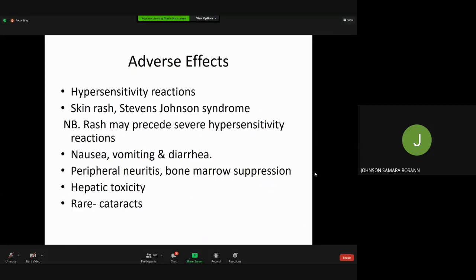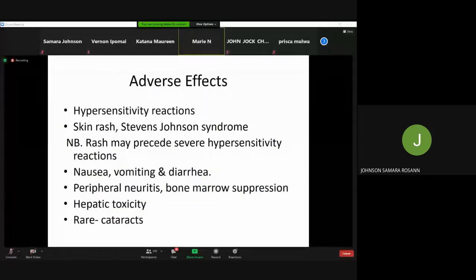Adverse effects associated with allopurinol: you can get hypersensitivity reactions that basically will present as a skin rash that can be so bad that it develops into Stevens-Johnson syndrome. I should actually have put up a photo of SJS. It's a pretty bad condition where you have blistering and denudation of the skin. If it's less than 30% of the body surface area involved, that is called SJS. But once you start getting more than 30% of the skin involvement, then you're calling it TEN, or toxic epidermal necrolysis.